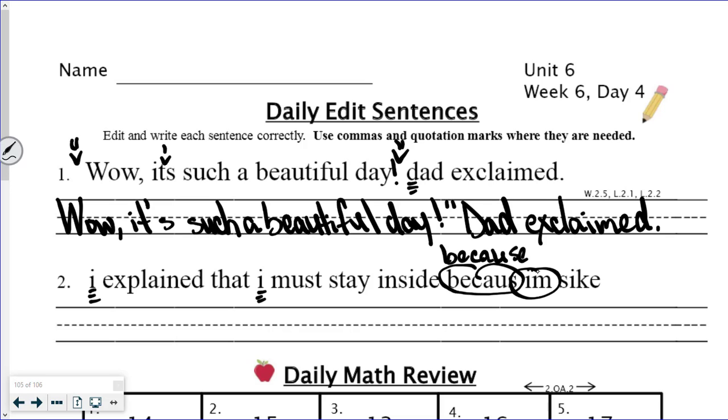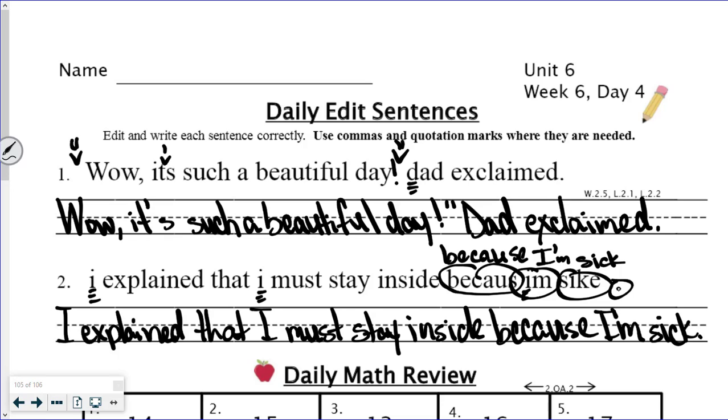I'm, we have a problem with that. We need a capital I and then an apostrophe, so it should look like this. Then we have a problem with sick. Sick is S-I-C-K. We also need a period at the end. So we're going to rewrite this one nice and neat. Number 2 looks good.